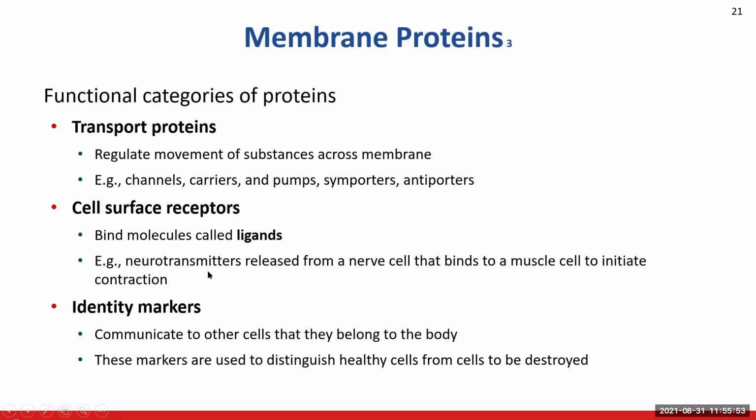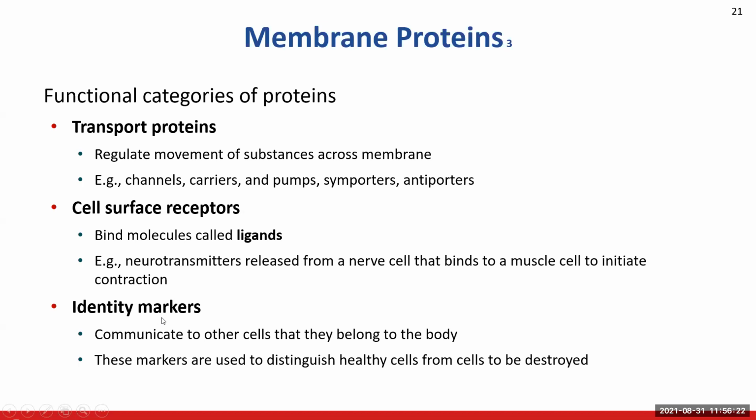In chapter 12 we're going to be talking about neurotransmitters, and we're going to learn how a neuron can stimulate a muscle cell to contract. That has to do with the cell surface receptors, because the neuron is going to release these chemicals, and then they're going to go and bind onto the muscle cell and stimulate that muscle cell to contract. It utilizes the cell surface receptors there.